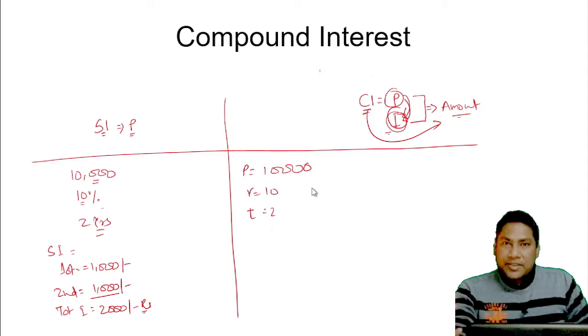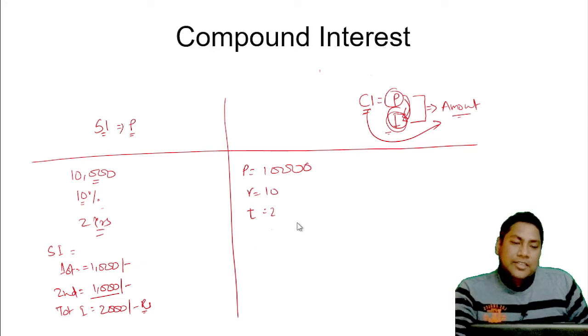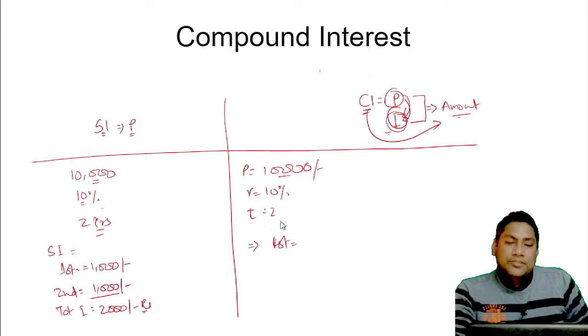Now we'll understand how to calculate the compound interest. For the first year, 10% on 10,000 rupees, the interest will be 1,000 rupees. Now it is important to take out the interest for the second year.